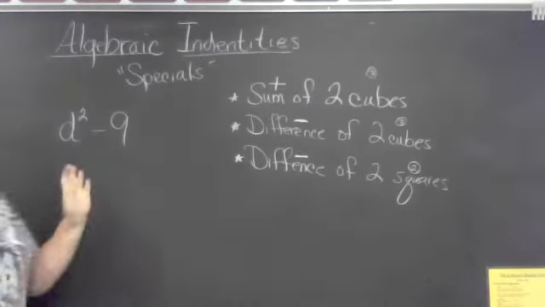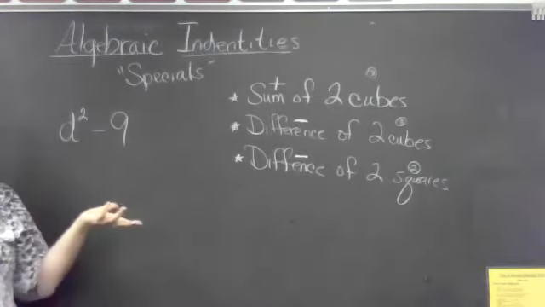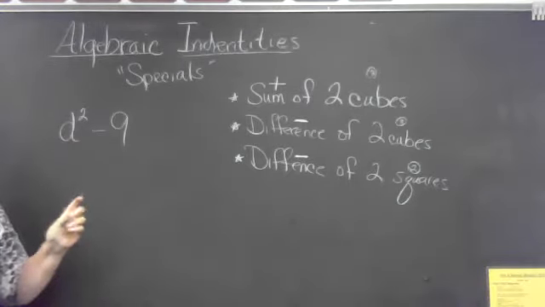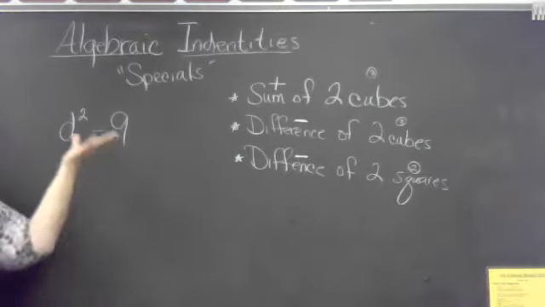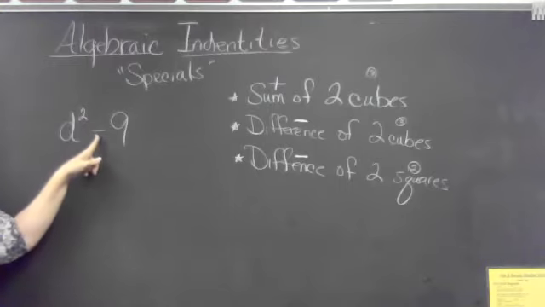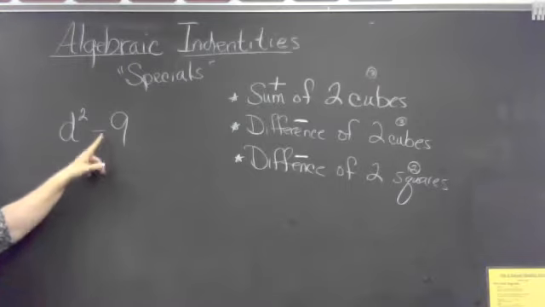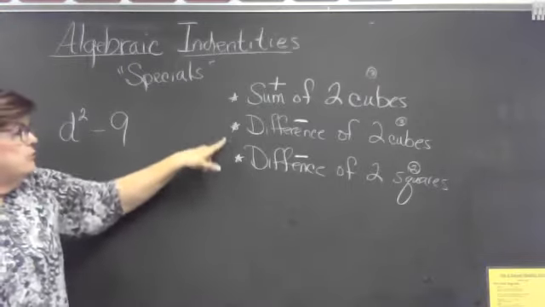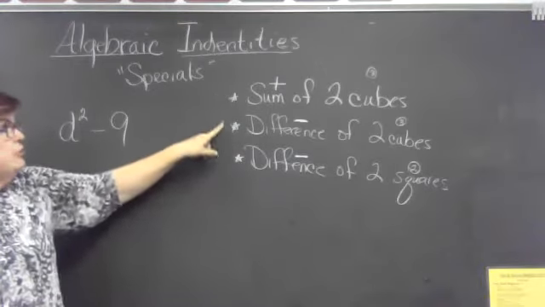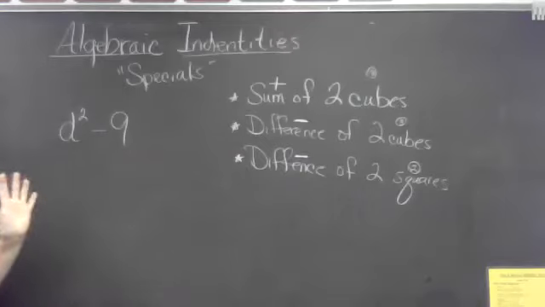So when we come across this on our paper, we say, it only has two terms, so it could be a special. Let's check it out. The first thing you're going to look at is a minus, okay? So you look over at your specials, and I've got a couple of them that deal with minus. It's definitely not the sum. But I have two of them that deal with minus, so that's good.